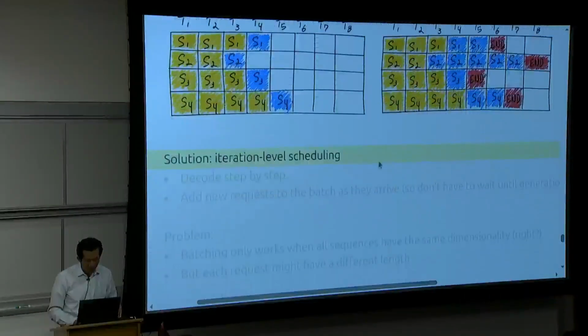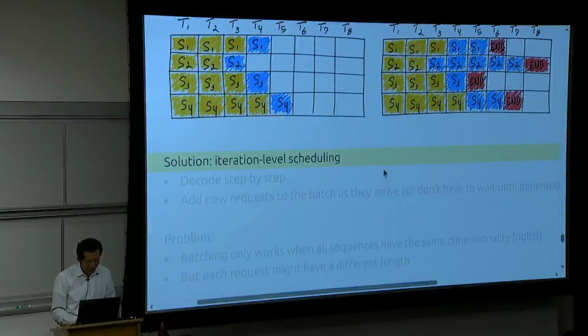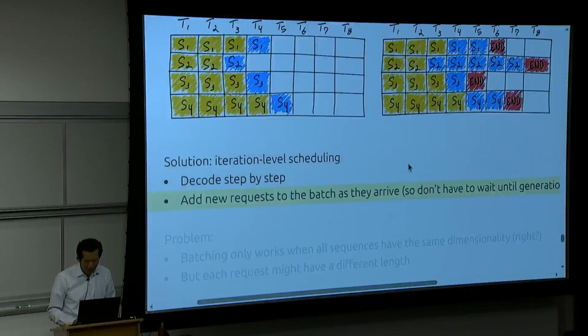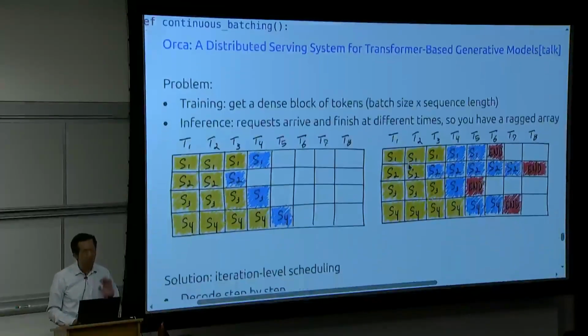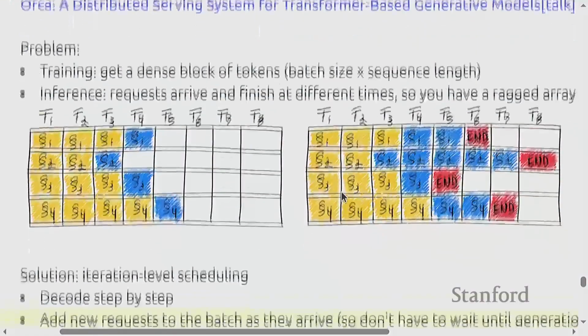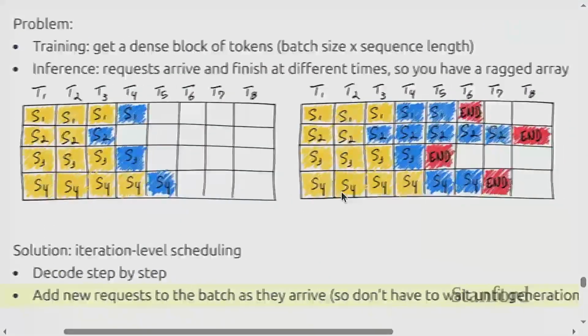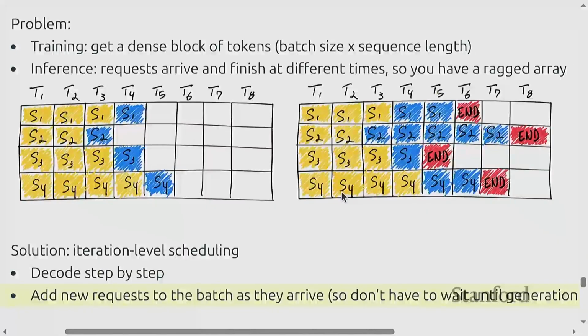There's a series of papers that explore this, and the last two parts are more of a systems-level contribution. The idea is that you don't wait for batches: the train leaves, and it doesn't wait for you. So when a new request comes, you just put it in.